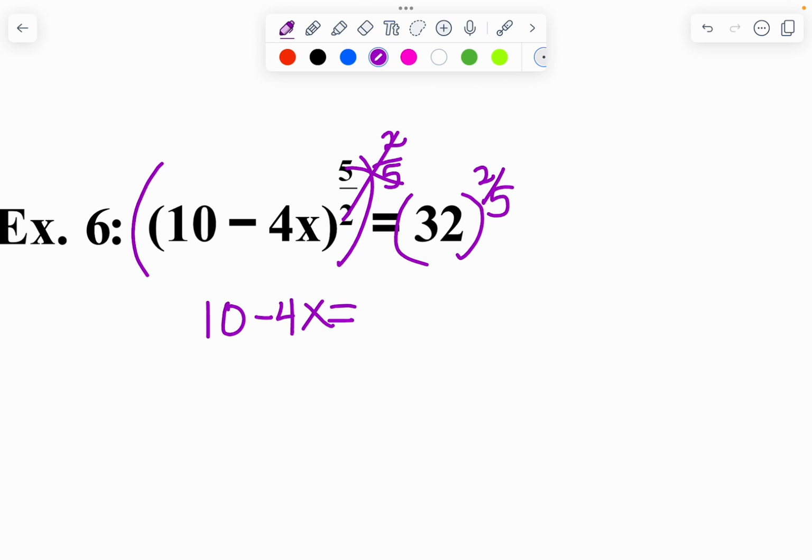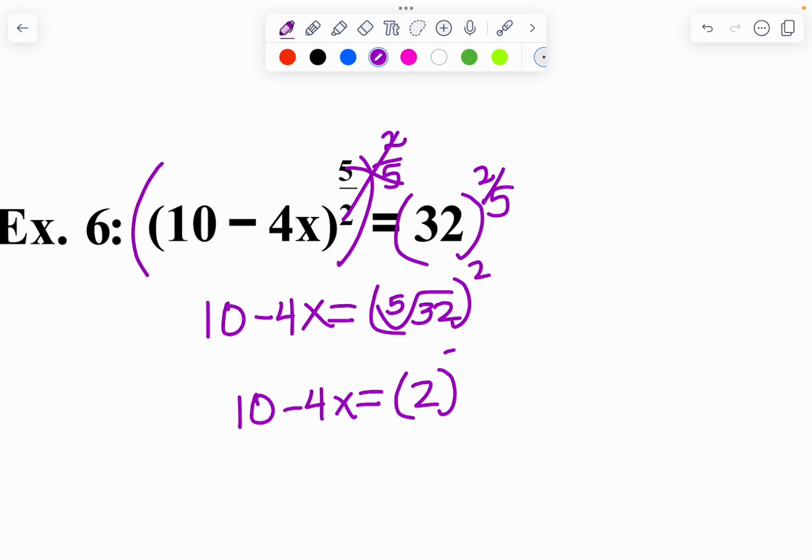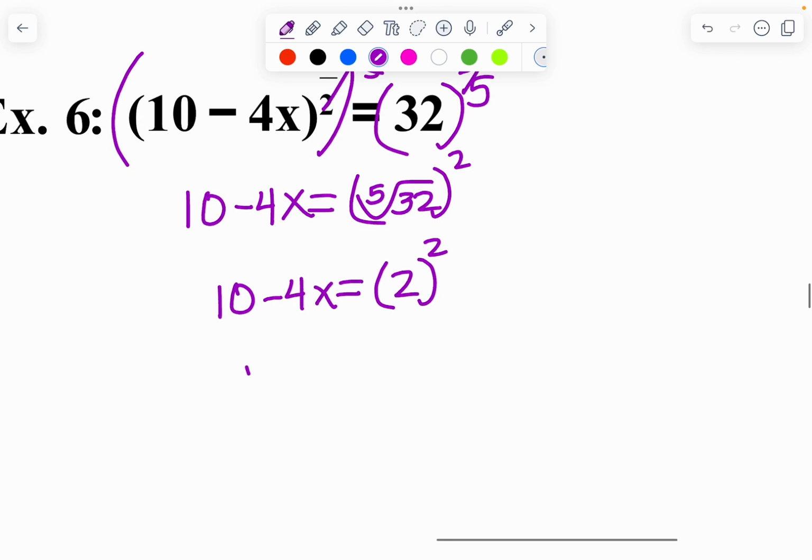Now I'm going to take the 5th root of 32 and then I'm going to square it. The 5th root of 32 is going to be 2, but then I square it, which is 4. So 10 minus 4x equals 4.